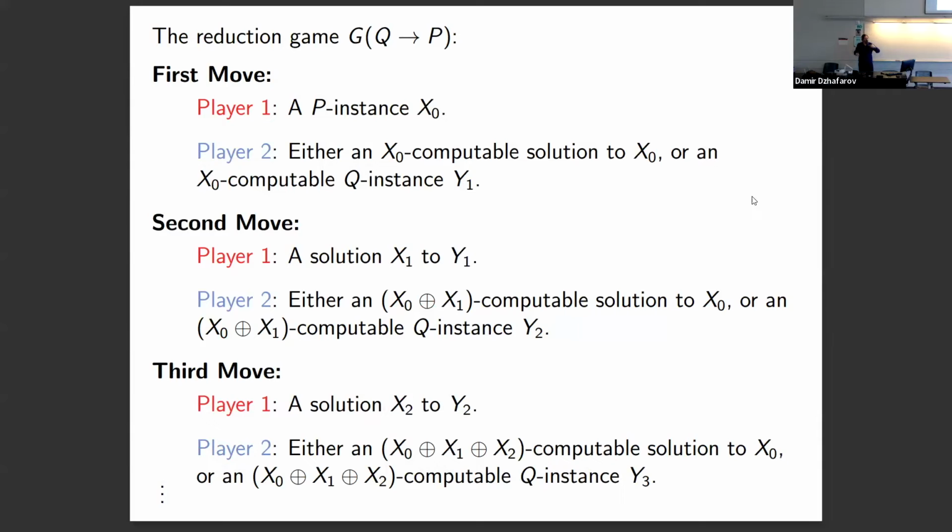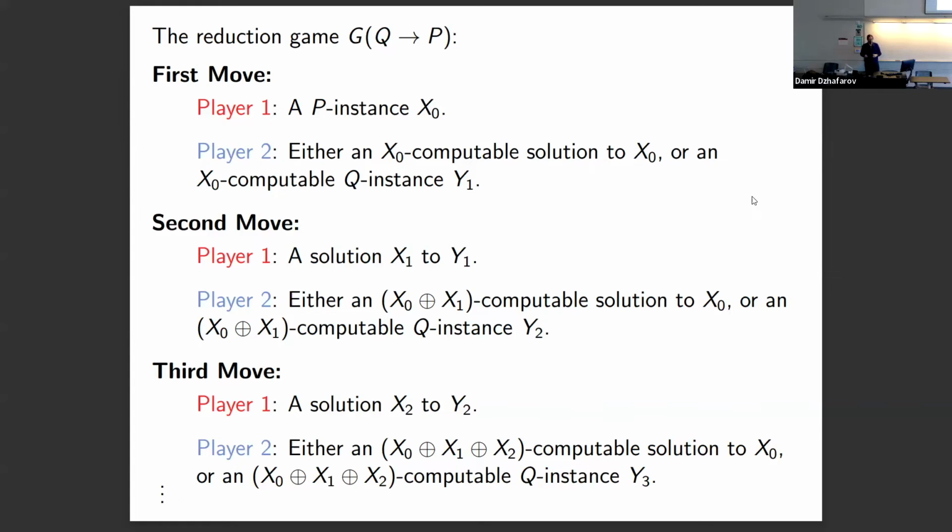As long as the blue player keeps playing computably in the given data, the game goes on, and either the blue player at some point solves the initial instance or it never does, and that depends on which one wins. So this is clearly a notion of reducing one problem to another using multiple instances, right? I think this one is kind of clearly that. Now, we already had a notion of that, which was omega reducibility.